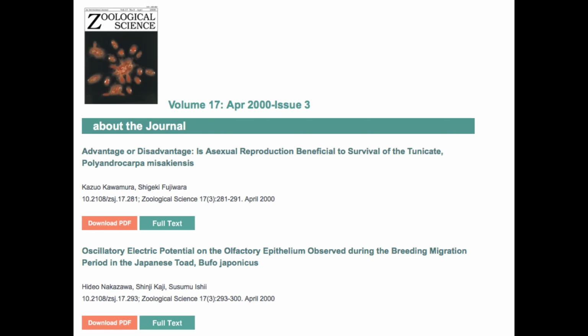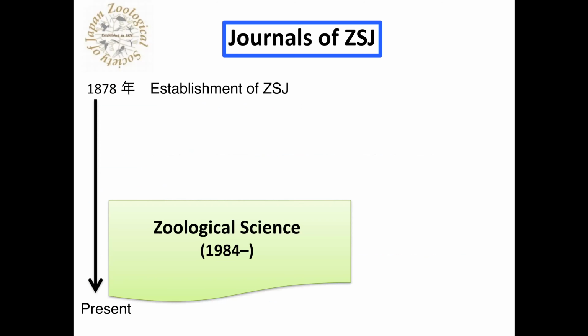But before I explain the virtual issues, I'd like to explain the journals of the Zoological Society of Japan and what Zoo Diversity Web covers. Currently, Zoo Diversity Web covers the journal Zoological Science. Zoological Science has been published by the Zoological Society of Japan since 1984 and is still publishing every month.